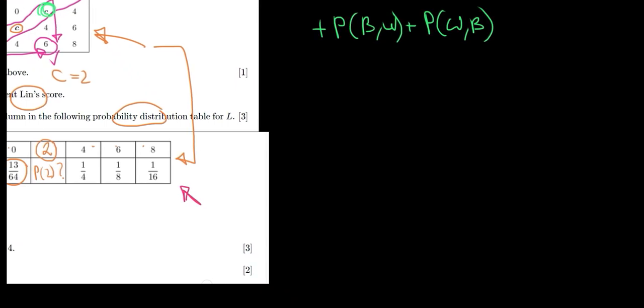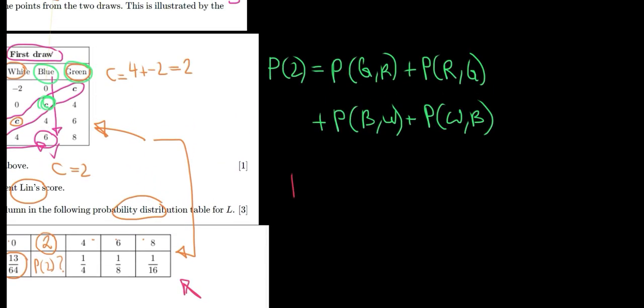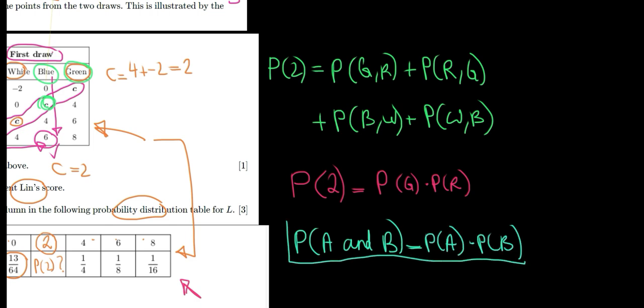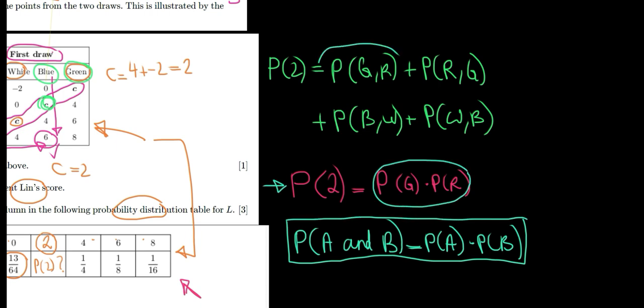We're going to do the following. Probability of getting a 2 equals probability of having green times probability of having red. Remember, this comes from the formula of probability A and B, assuming A and B are independent, that's probability of A times probability of B. This formula is applicable right now over here. So I just did the first part, okay?